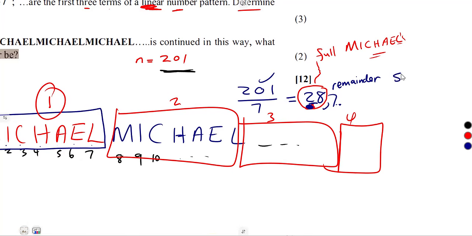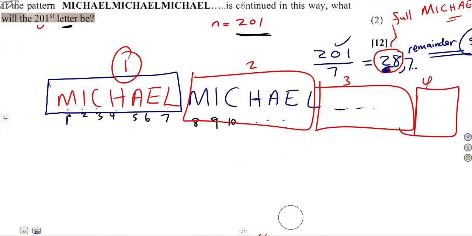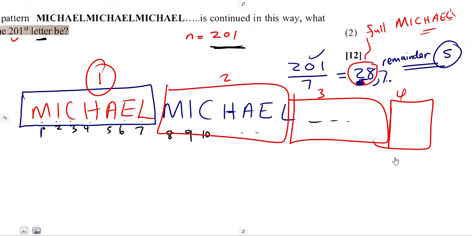That's a remainder, because those 5 letters do not make up the word Michael, since the word Michael is made up of 7 letters. That's why we are saying this one is a remainder. You're going to understand me very soon.